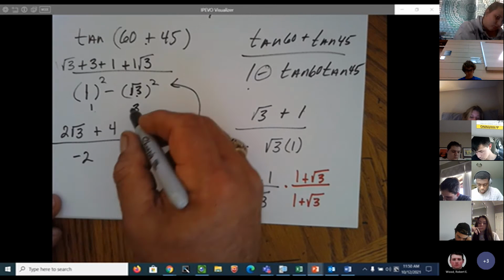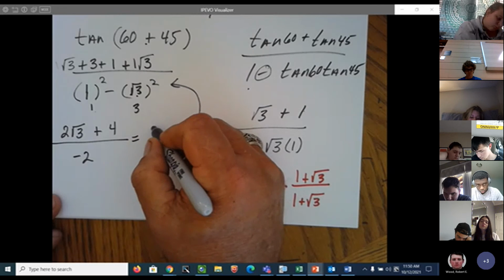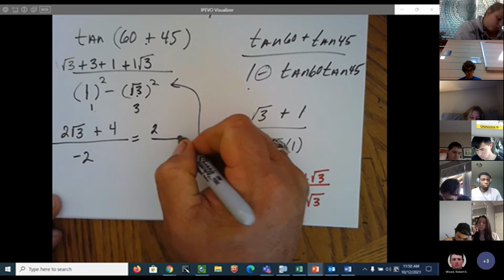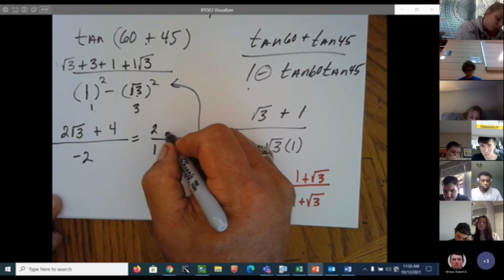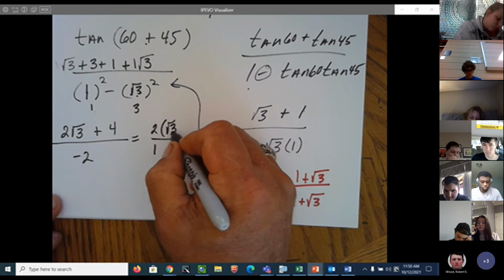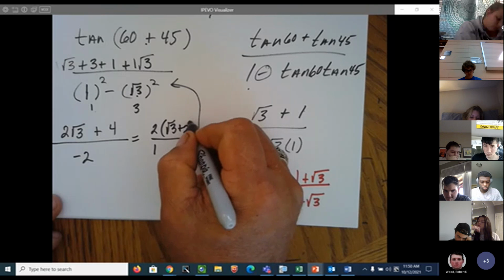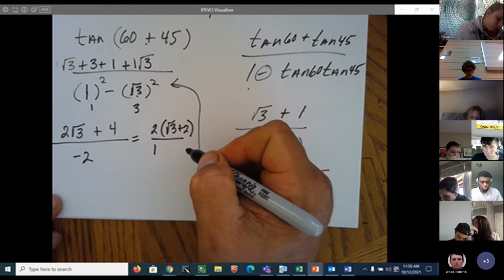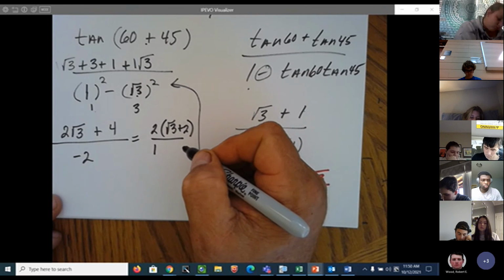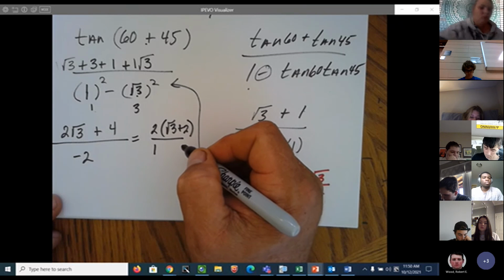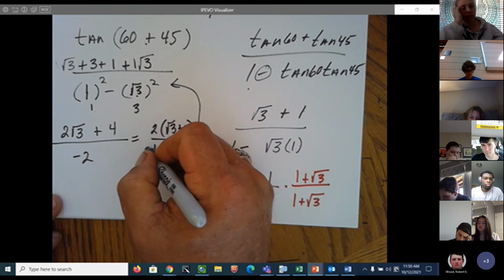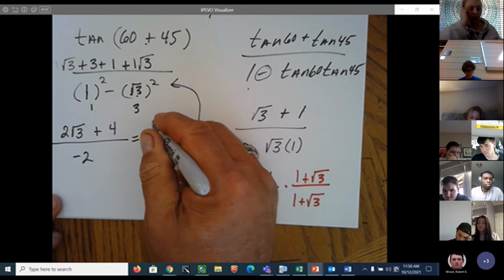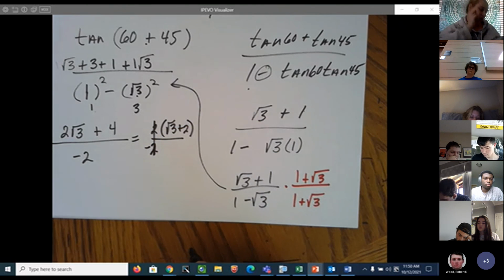And you can factor out a 2. That'd be the square root of 3 plus 2. I think that's right. Yeah. And this would be a negative 2 down here. That would cancel. I got negative square root of 3 minus 2.